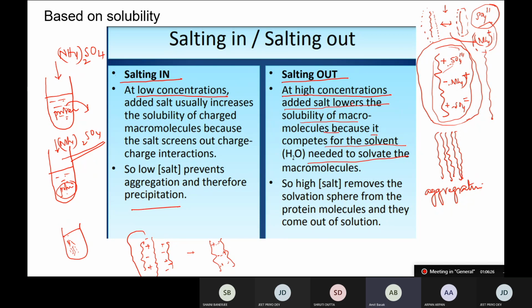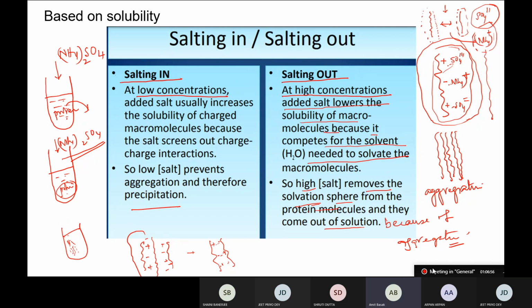So the protein becomes exposed, and so what will happen at high salt concentration? It removes the solvation sphere. The solvation means hydration sphere from the protein molecules, and they come out of solution because of aggregation. Is it clear to everybody?